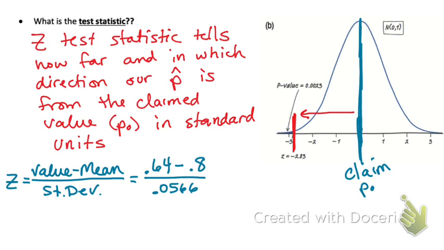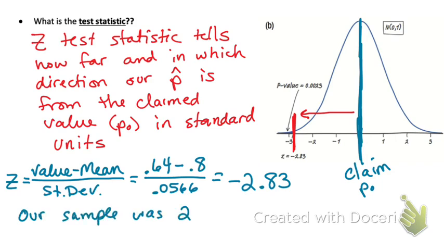When you do this, you will find the z-test statistic, which tells us how far and in which direction our sample is from what it's supposed to be. So when you do 0.64 minus 0.8 divided by 0.0566, what do you get? Negative 2.83.